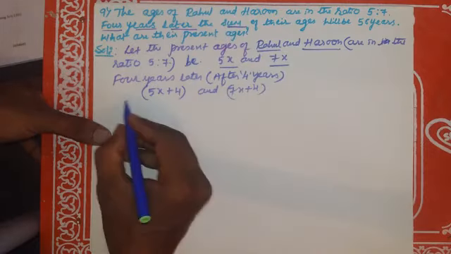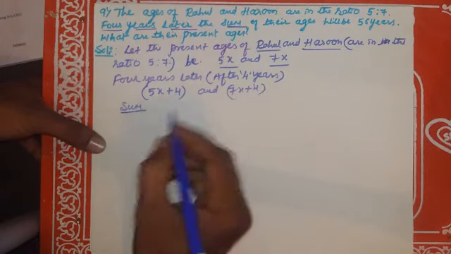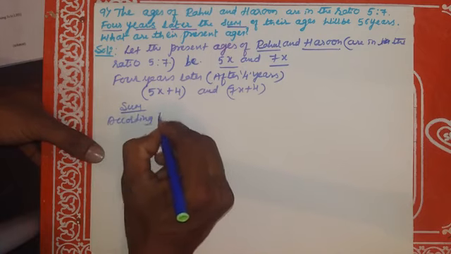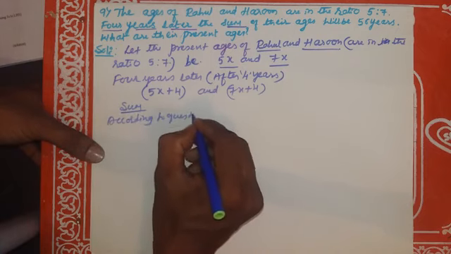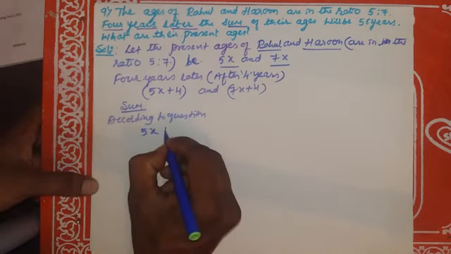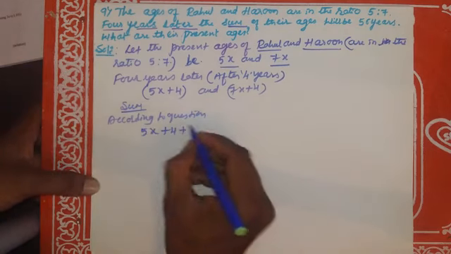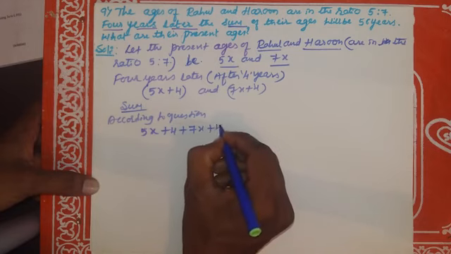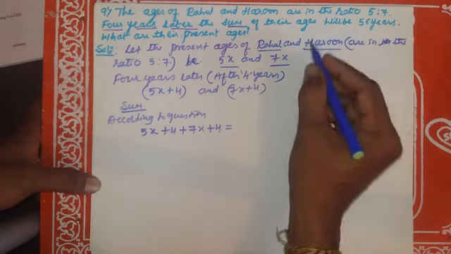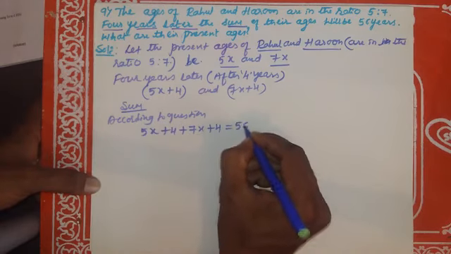The sum of their ages will be 56 years. Sum means what? We should add. According to the question, 5x plus 4 plus 7x plus 4 is equal to 56.